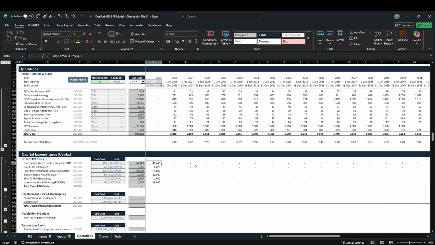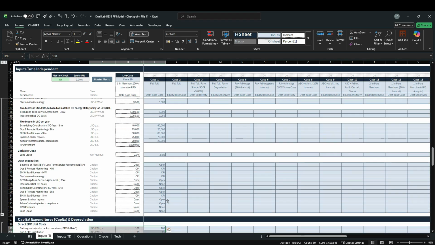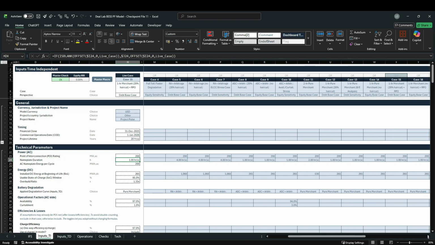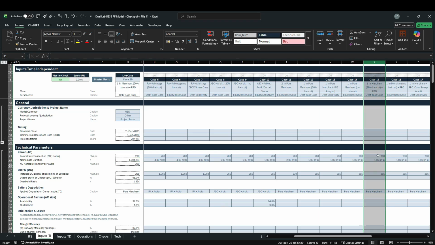Now something to keep in mind here is that in the case study, what changes is the duration of our batteries throughout the different cases. So in case 15 right now, we have a 1 hour duration, which is given right here. You can see that in case 15, we're picking up a 1 hour duration.